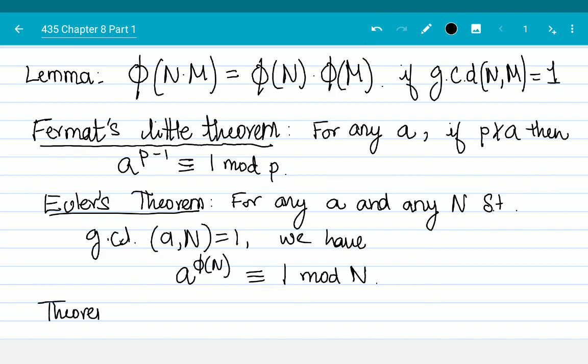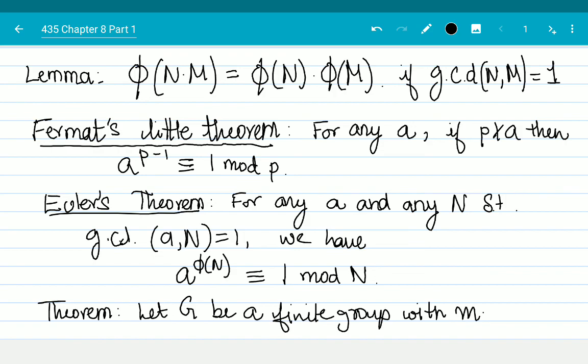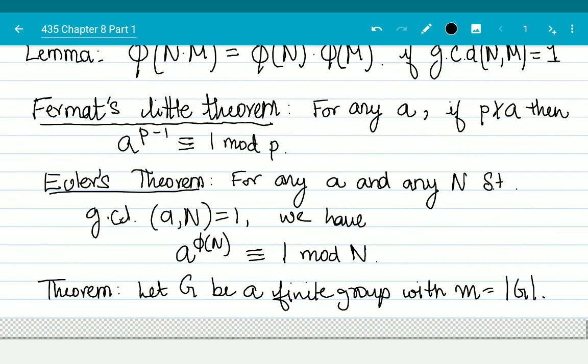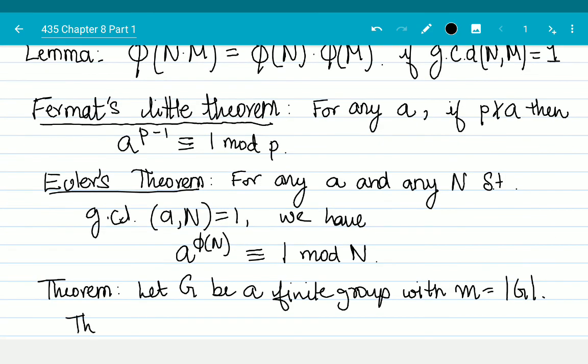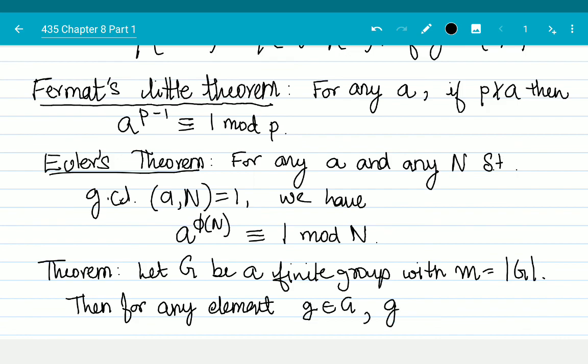Theorem: let G be a finite group with m equal to the order of G. Then for any element g belonging to G, g to the m is equal to 1.